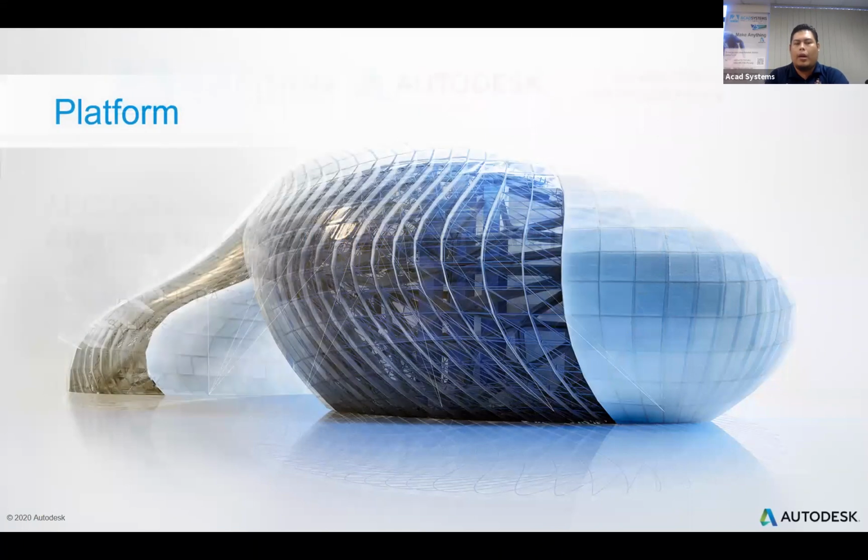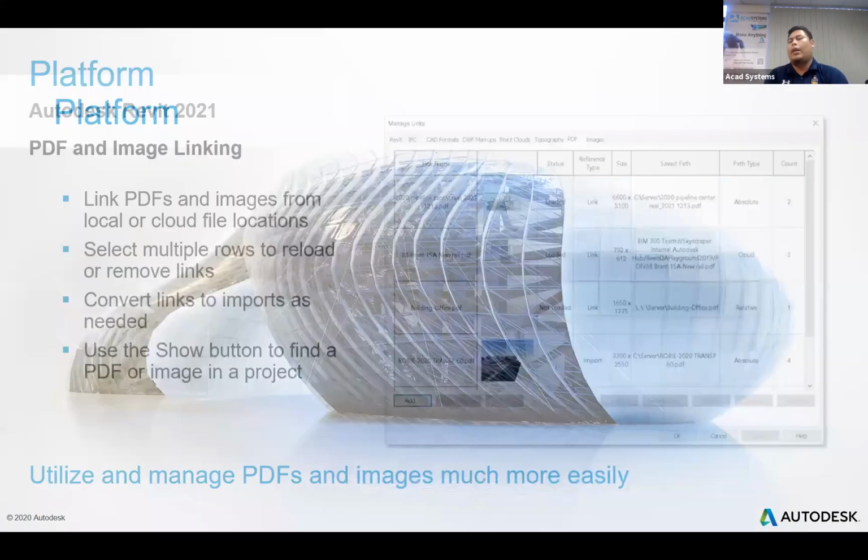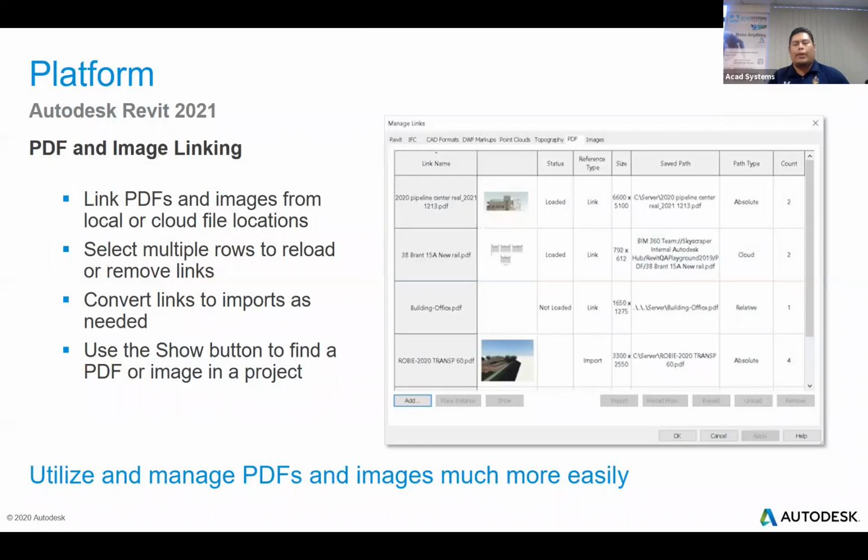Let me show you one example of what we can do in Revit 2021. Previously, no Revit version could support PDF linking. Even if you wanted to import a PDF, you had to convert it into an AutoCAD raster drawing so that it could be in DWG format, then bring it back to Revit just to trace the drawing.